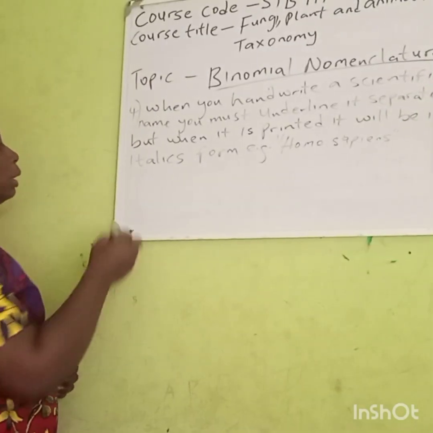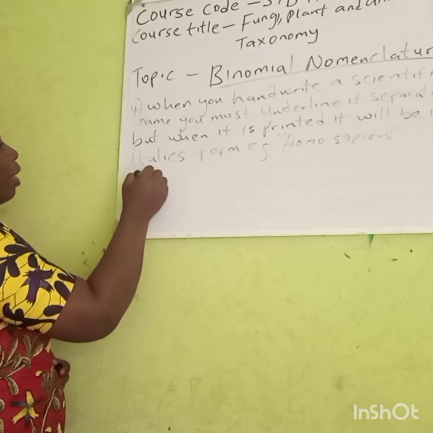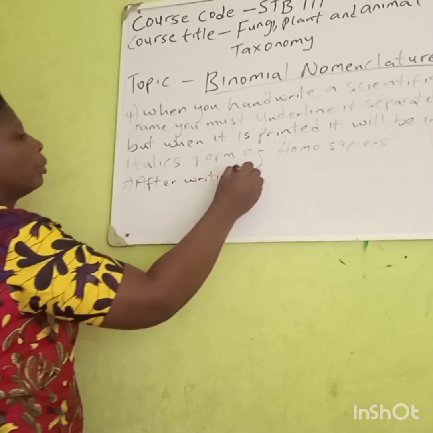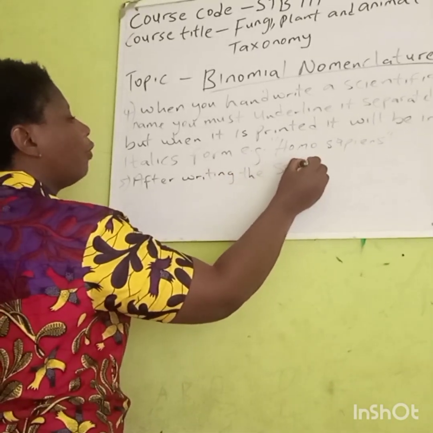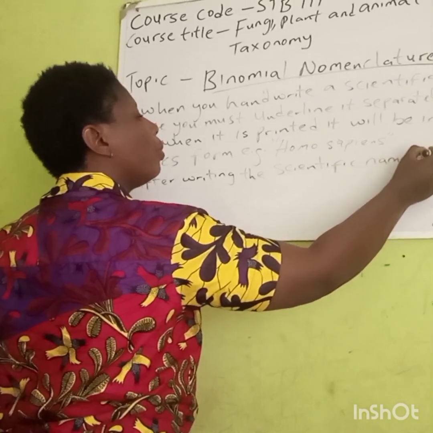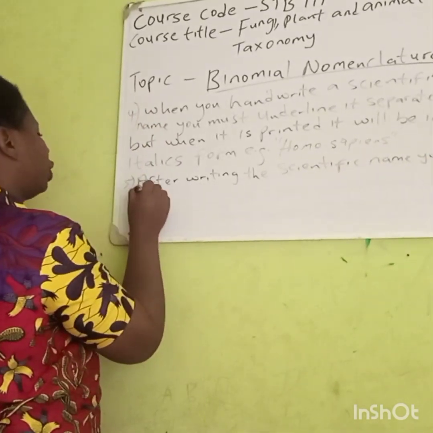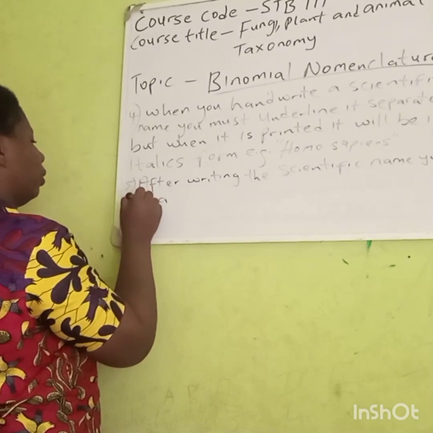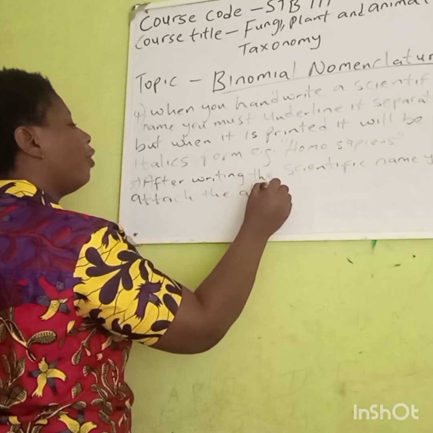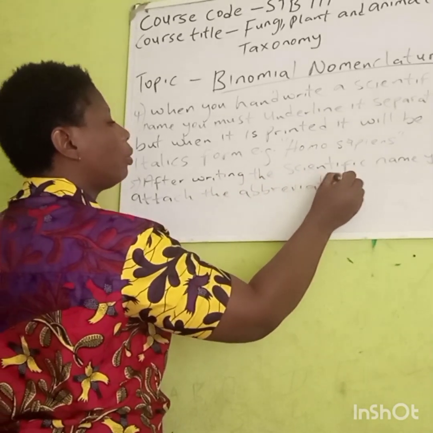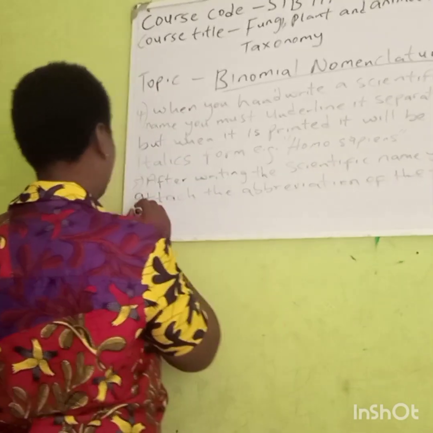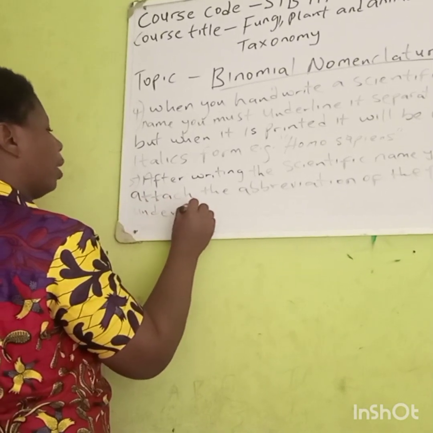Then the fifth one is that after writing the scientific name, you attach the abbreviation of the founder after it.